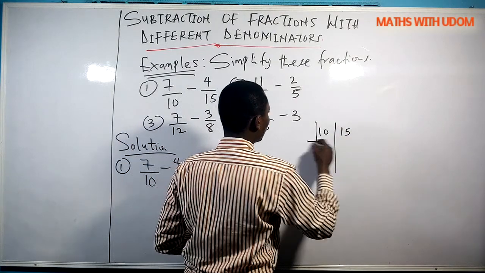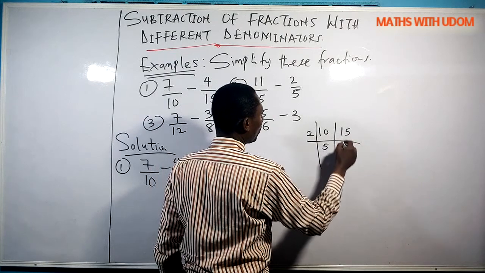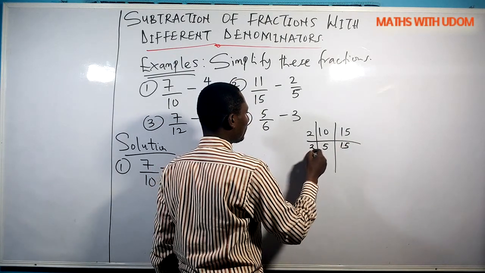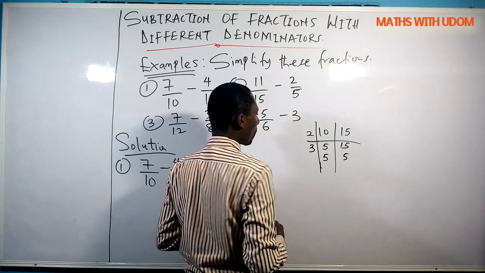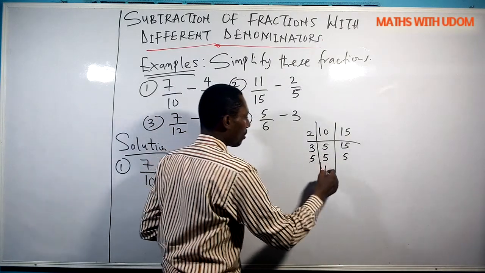What can go? 2. 2 in 10, 5. Can 2 go in 15? No, you repeat that. What can go here? 3. 3 in 5, it's impossible. 3 in 15, 5. What can go? 5. 5 in 5, 1 and then 1.